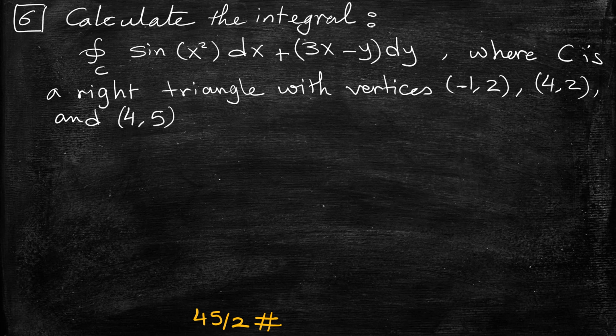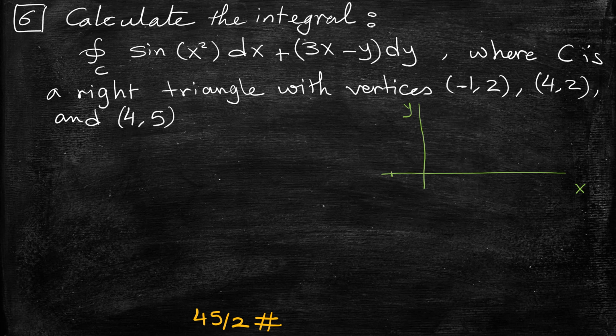It's required to calculate this integral, which is sin x squared dx plus 3x minus y dy, and C is a right triangle with vertices (-1, 2), (4, 2), and (4, 5). So this means we have here x and y.